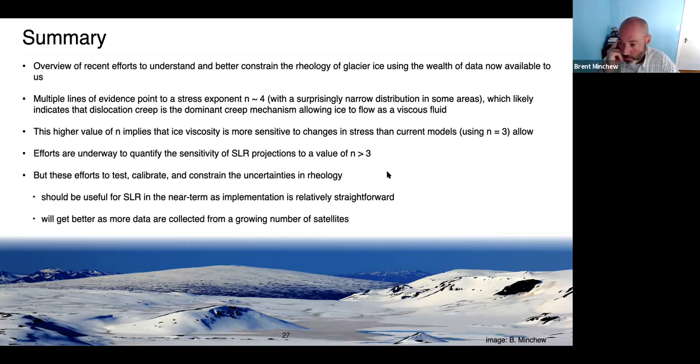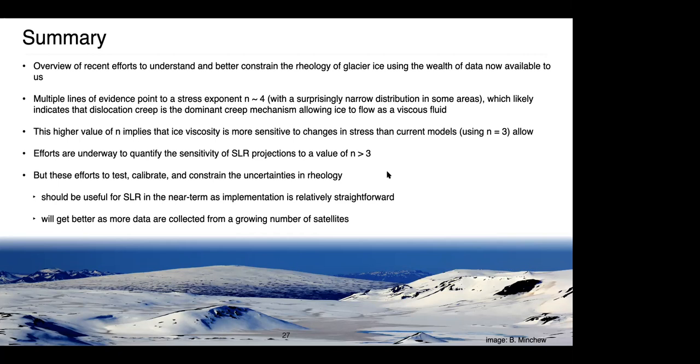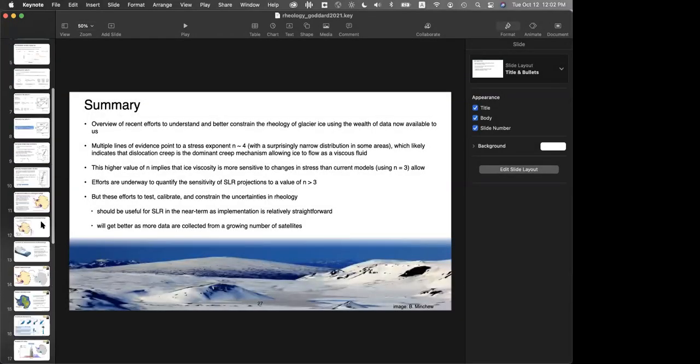And you're coming up with n equals 4 on ice shelves. Then you say, all right, let's take a look at shear margins where stress is, like I would naively believe, the highest on ice streams. And again you come up with n equals 4. So how do I reconcile the fact that higher n corresponds to higher stresses, but you just showed that on ice shelves n equals 4?